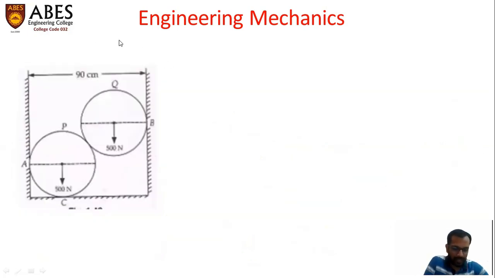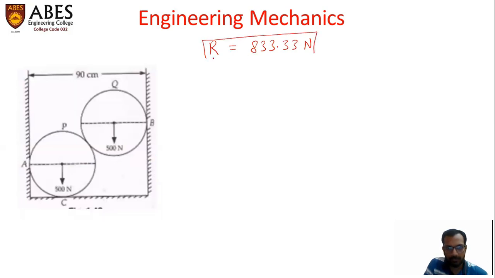By calculation, we get R equal to 833.33 newtons. This is the mutual reaction between these two rollers, which is inclined at the angle theta, approximately 36 degrees. So this is the value of R.